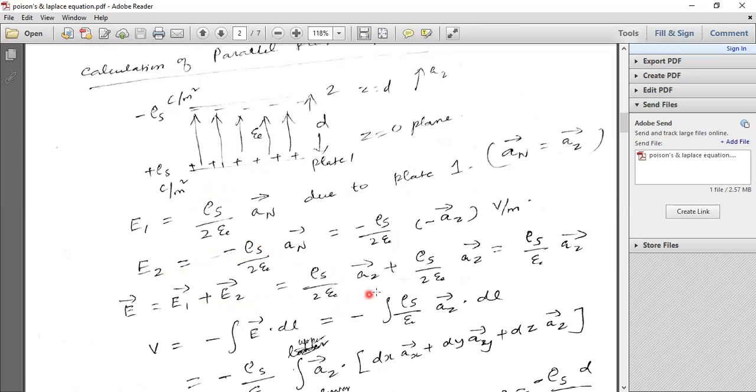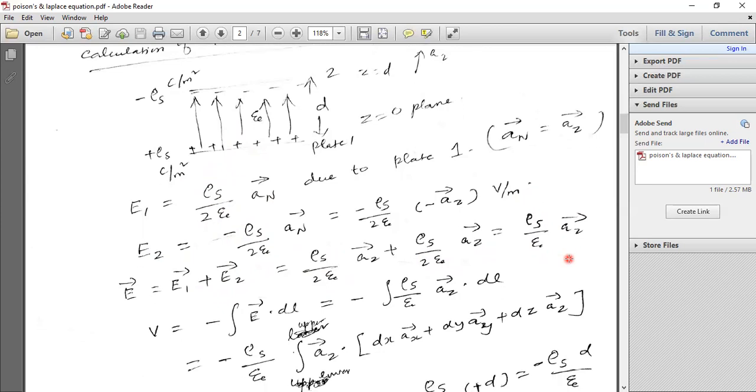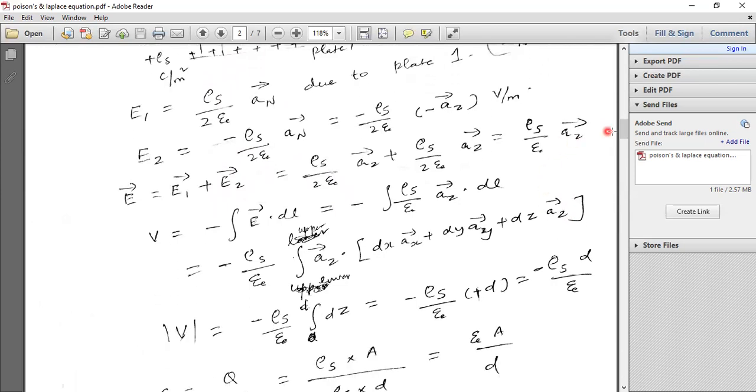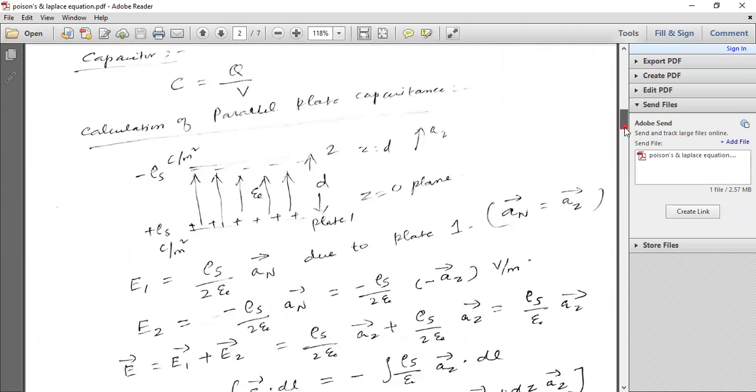Taking the magnitude only, rho s by 2 epsilon Az plus rho s by 2 epsilon Az gives rho s by epsilon Az, which is the total electric field of both plates. The electric field is oriented perpendicular to the plate.